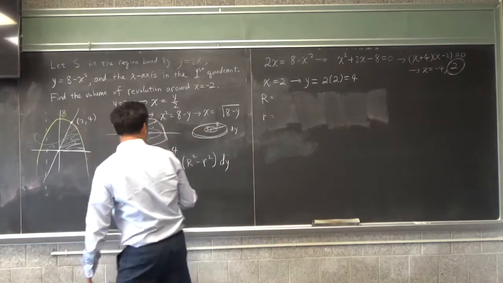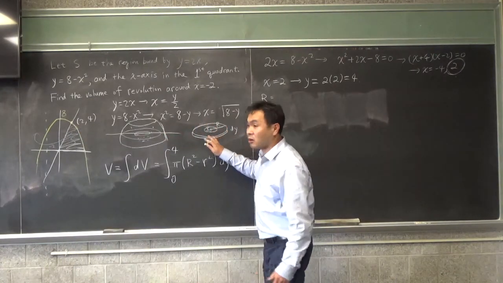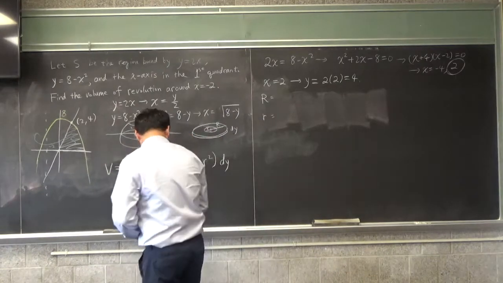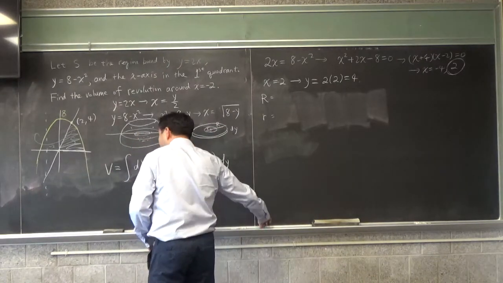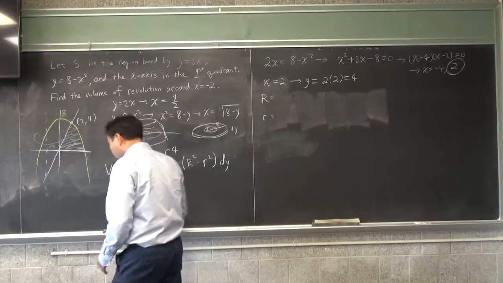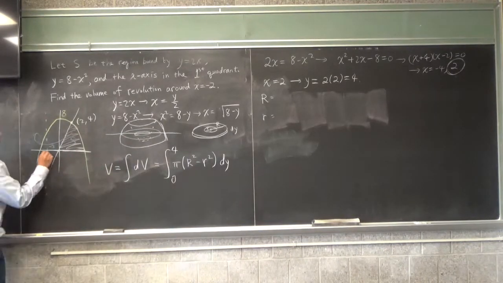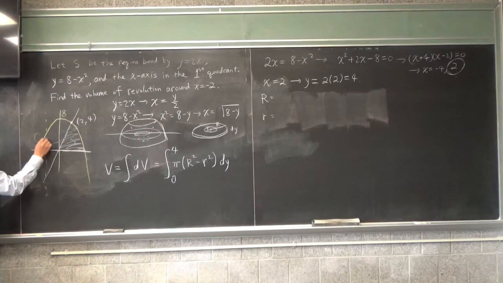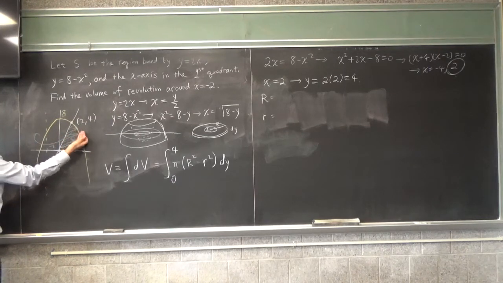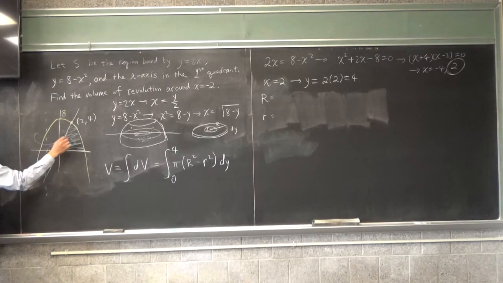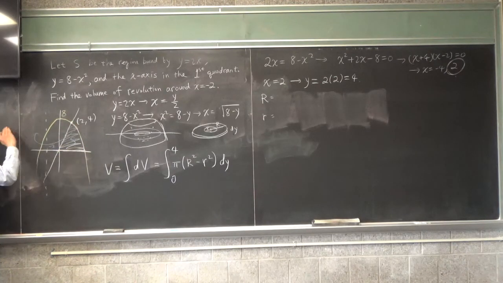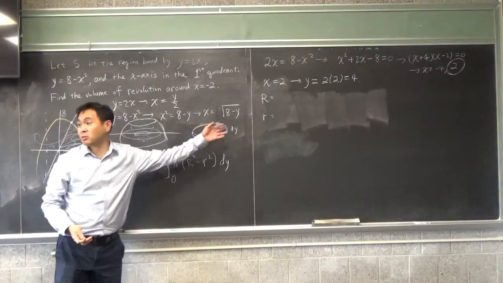we have to figure out what capital R and small r are in this picture. And think about the following. This is the center of rotation, and you're revolving this around and this around, right? So when this curve gets rotated around x equals -2, that's going to create the capital R. Do you agree?